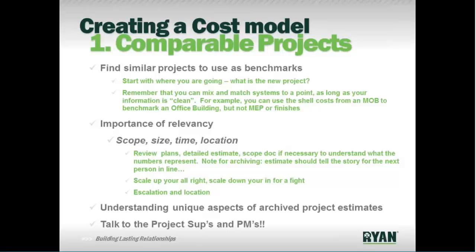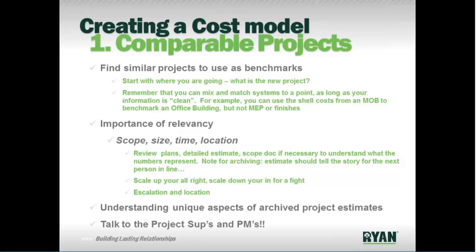When you get in that range of 30 to 60, they start to be pretty consistent. And then when you start hitting 100 and 200 and 300,000 square foot buildings, you start getting even more economies of scale. But just a point to remember, scale up, you're all right. Scale down, you're in for a fight.